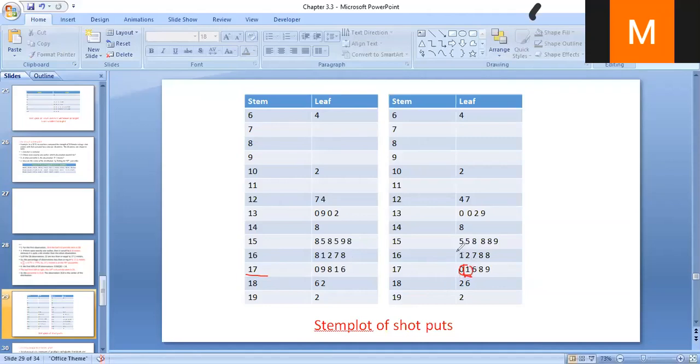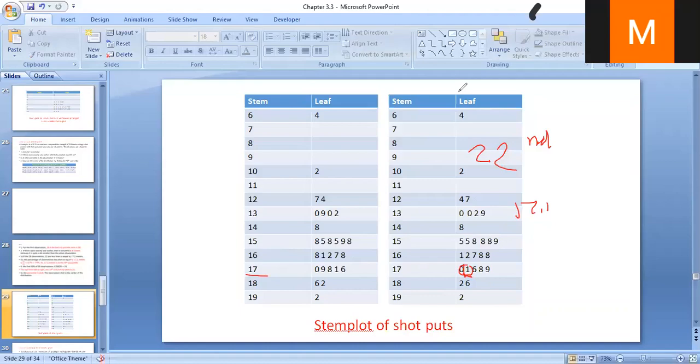And now you count every value smaller than 17.1. That is 1, 2, 3, 4, 5, 6, 7, 8, 9, 10, 11, 12, 13, 14, 15, 16, 17, 18, 19, 20, 21, 22. That is the percentile of 17.1.